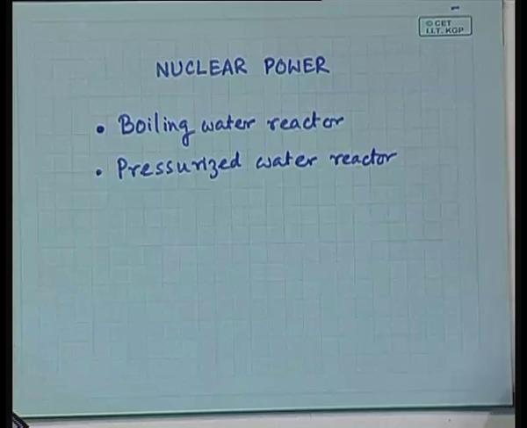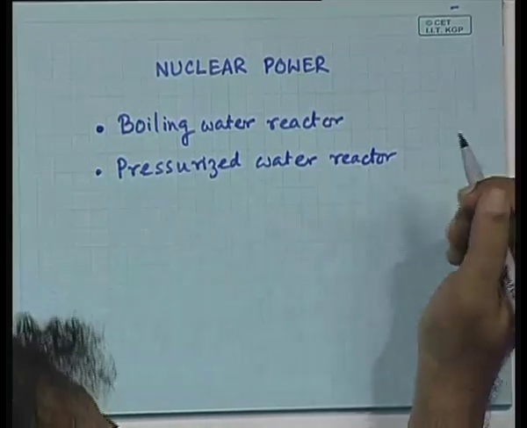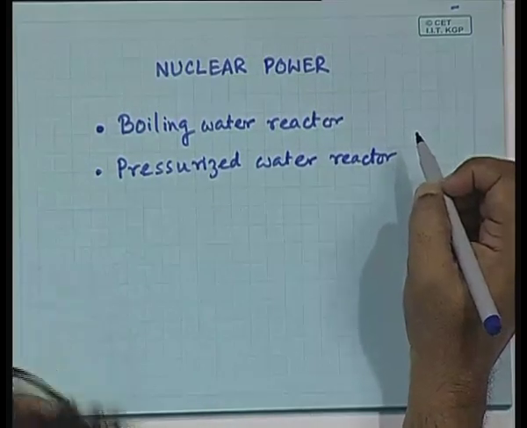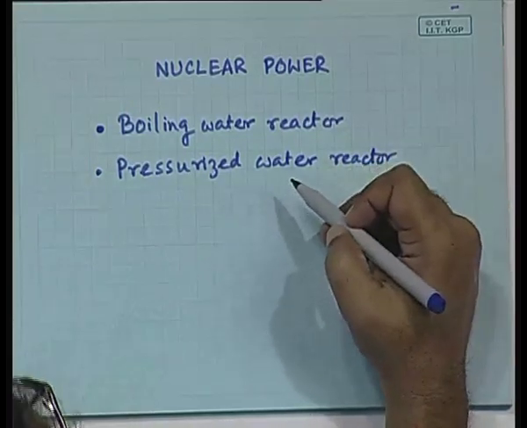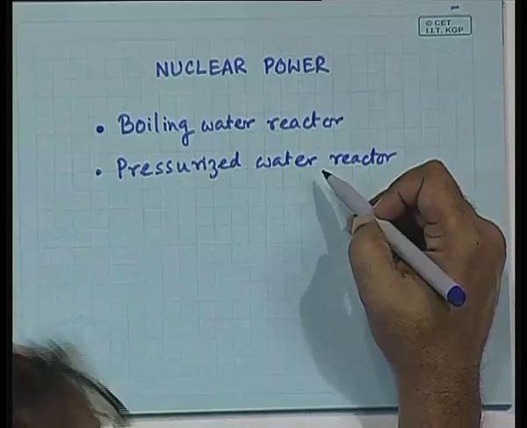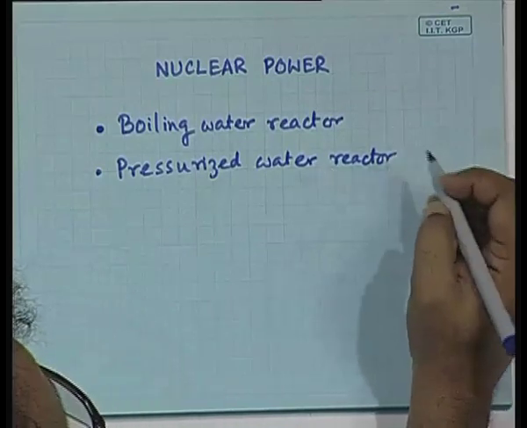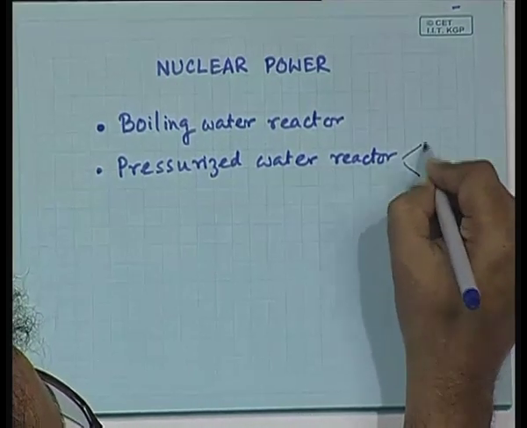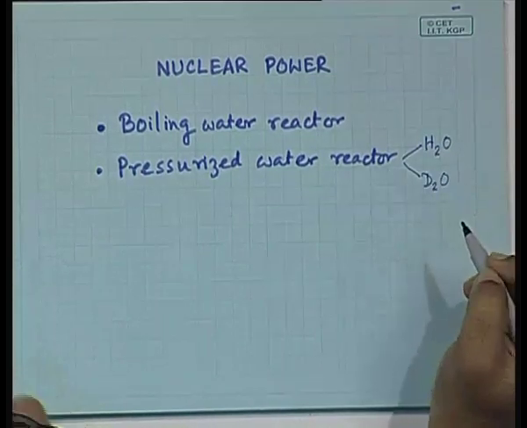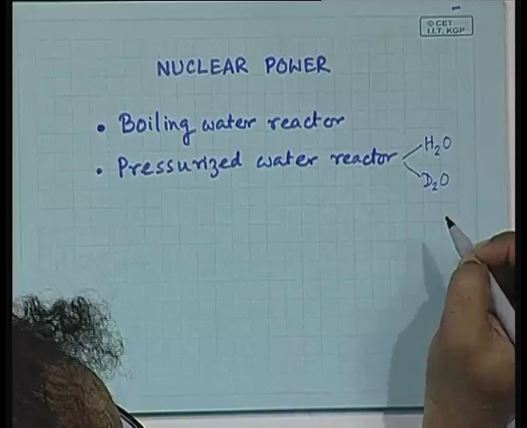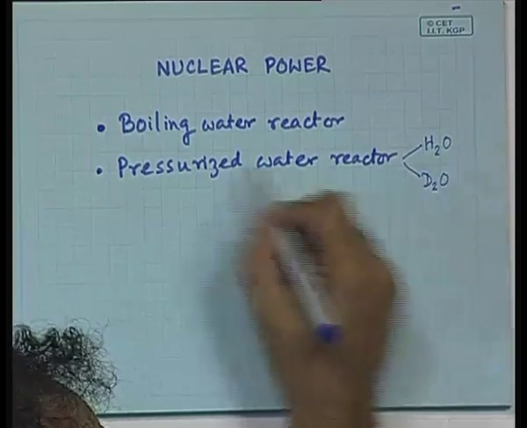We have heard of the pressurized water reactor of two types, one where the water is normal water H2O, and also the one where the pressurized water is heavy water, deuterium. So, the two types, H2O and D2O. Most of the Indian reactors are of this type.